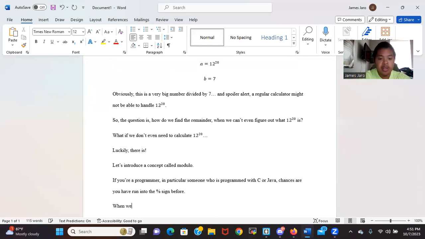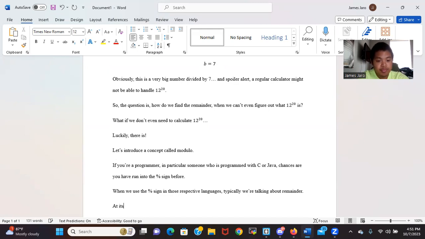And when we use the percent sign in those respective languages, typically we're talking about remainder. And so the idea is really that you're just taking a big number mod by some number and you're getting a remainder. So at its core, modulo is all about remainders.